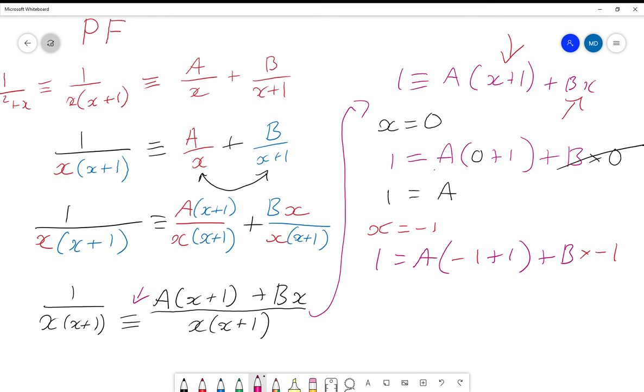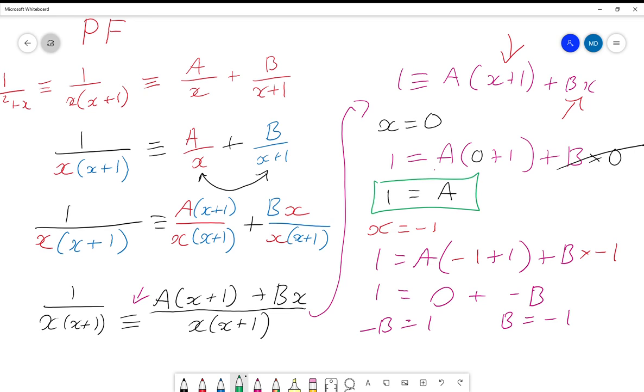So we're going to end up with 1 equals, this goes to 0, plus negative B. Or I get negative B equals 1, and so B equals negative 1. And this gives me the key things I want. I have A equals 1, and B equals negative 1.